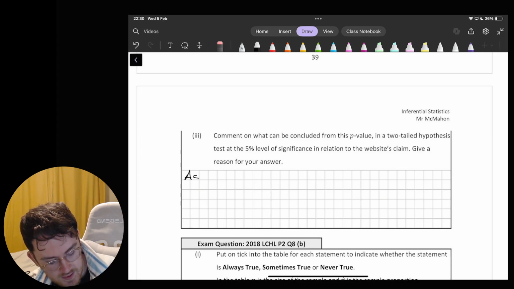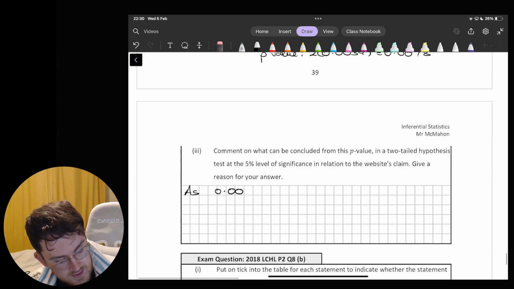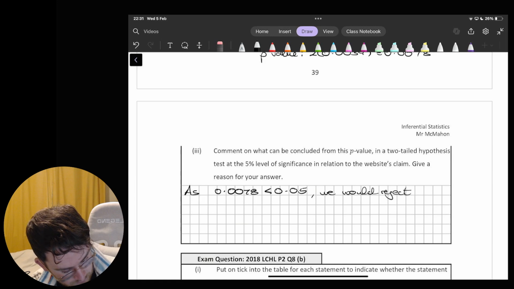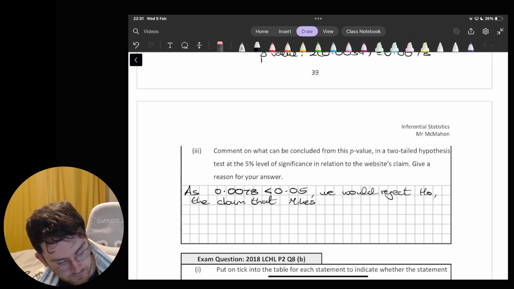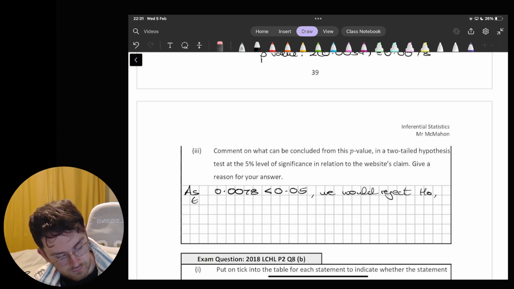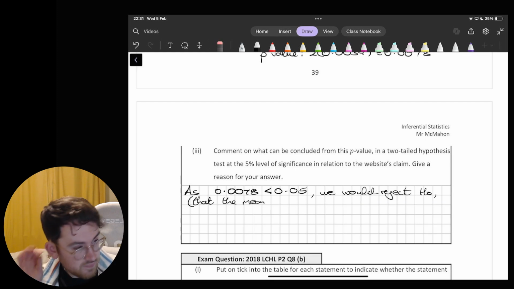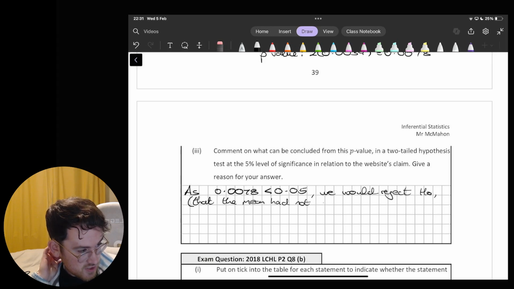So, as 0.0078 is less than 0.05, we would reject the null hypothesis, and we'll put a little note for ourselves on what that meant, that the mean had not changed.